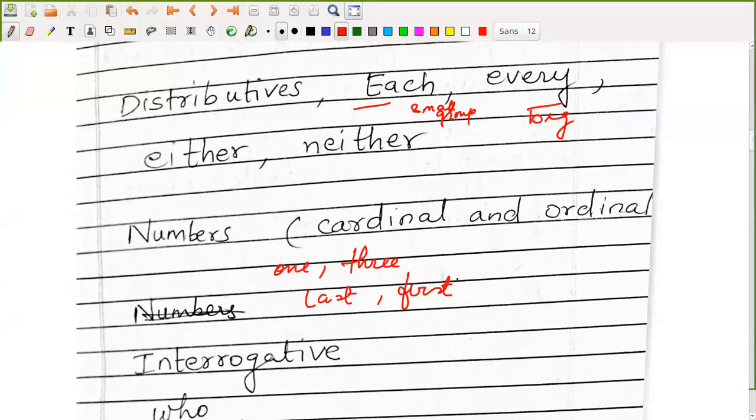Determiners are in some way like adjectives. They add meaning to the noun and tell us something more about the noun. So I have 3 pens. This is a determiner also. This is the first chapter of the book. This is also a determiner. This is the last page of the book. This is also a determiner.